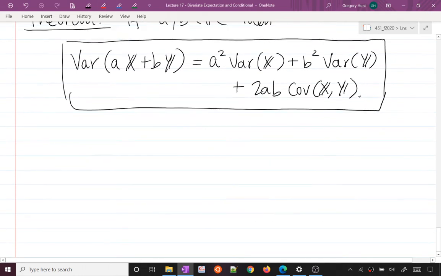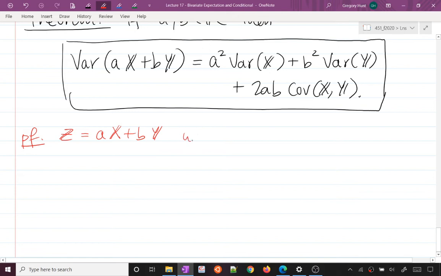So let's look at a proof of this. This will give us some practice manipulating some of these things. So I'm going to define z to be ax plus by. And so what we really want here is the variance of z. If x and y are univariate random variables, the sum of them is also a univariate random variable.